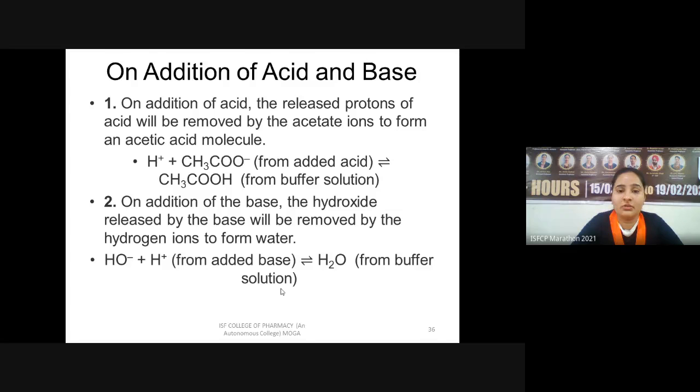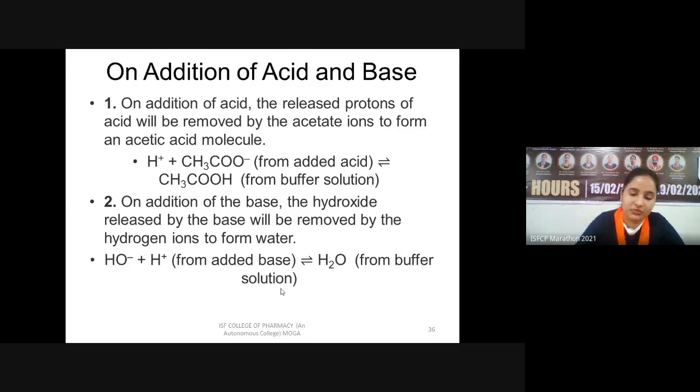If we add a base to our buffer, what happens? The OH negative ions released by the base which we have added from outside will combine with the protons which were already released by the acidic buffer to form water.